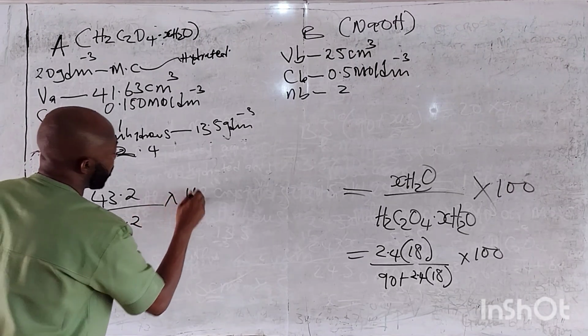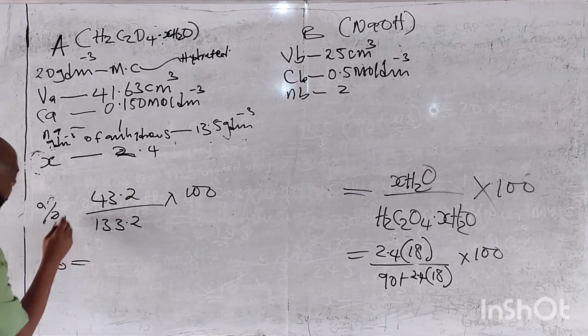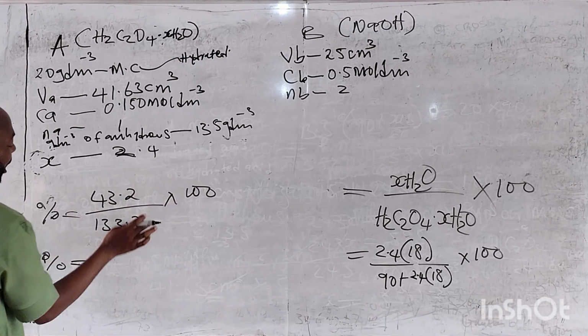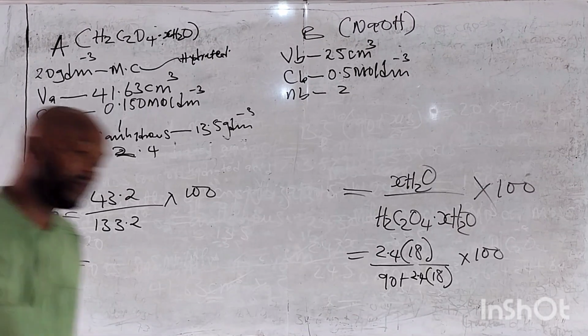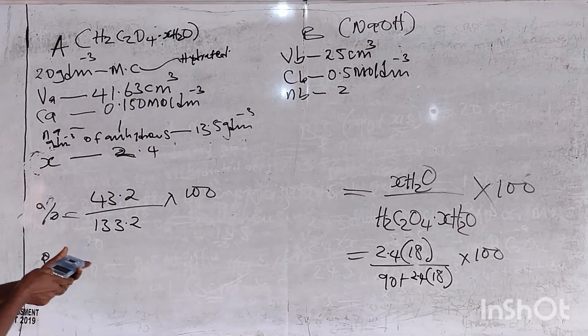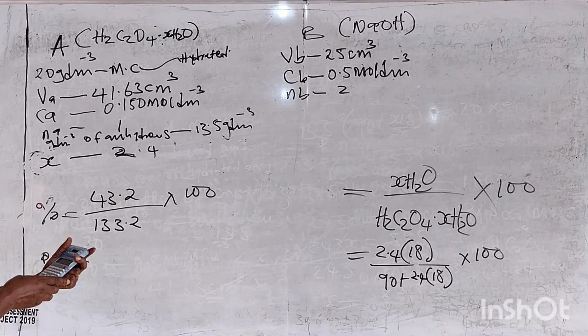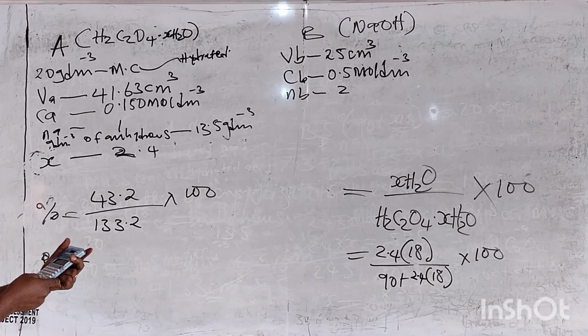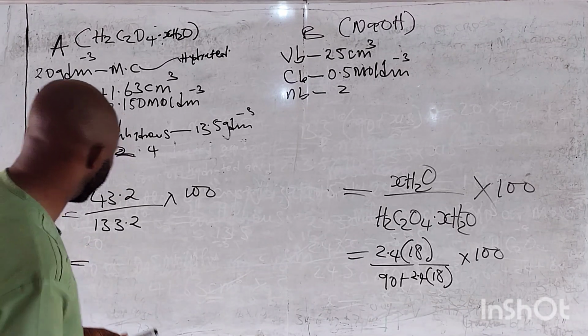133.2 times 100. So the percentage would be now, this times this divided by this. 43.2 times 100 is 4,320, divided by 133.2, which is 32.4.